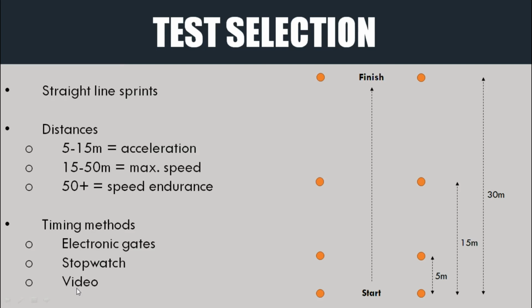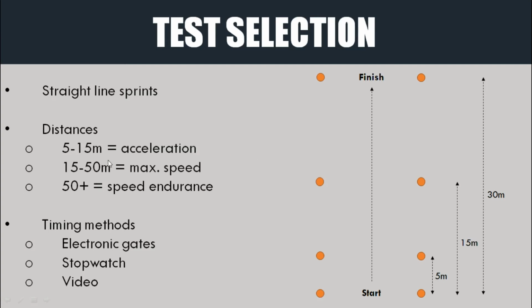So when they've just passed the marker, and if you subtract the starting time from their finishing time, you should get a pretty accurate result of how fast they ran the distance. So that's actually quite an accurate method. However, it's much more time consuming, and it's probably not going to be very appropriate to do for a whole team if you need to test a whole team.